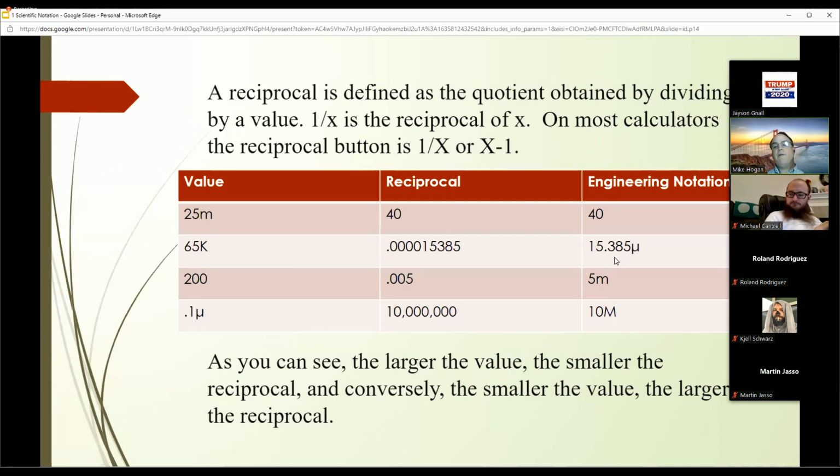If I move it 5 places, I start getting into using a whole bunch of different prefixes, and I want to stick to multiples of 3 to cut down on all the prefixes I need to use. That's a good example of only moving 5 for scientific notation, but for engineering, moving 6. So I get 15.385 times 10 to the negative 6, which is micro.